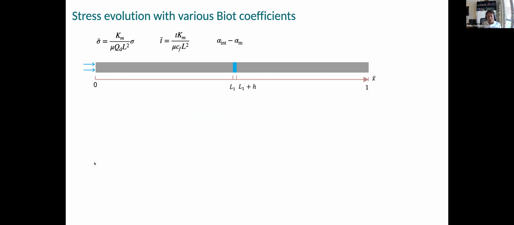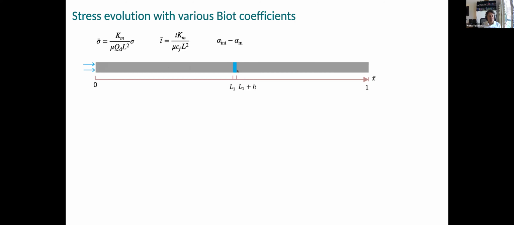So we can run a bunch of computations to see how the stress evolves with time with different Biot coefficients. We have run lots of computations and looked at the stress at this injection point and also at this weak interface point.